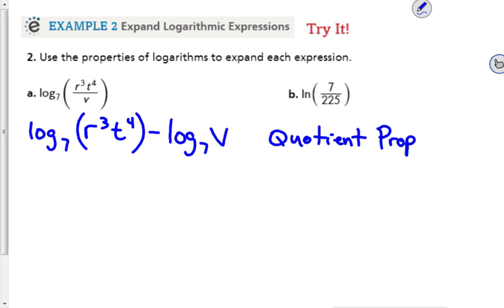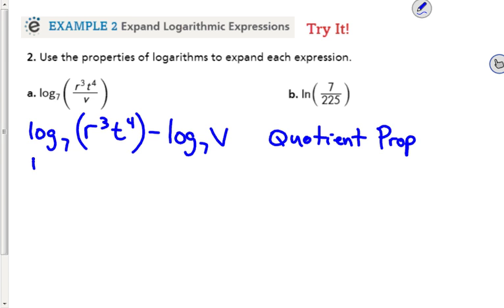All right, next, we can expand it even further because notice right here I have the logarithm of a product. Those 2 things are being multiplied together. So I'm going to apply the product property to expand that logarithm.